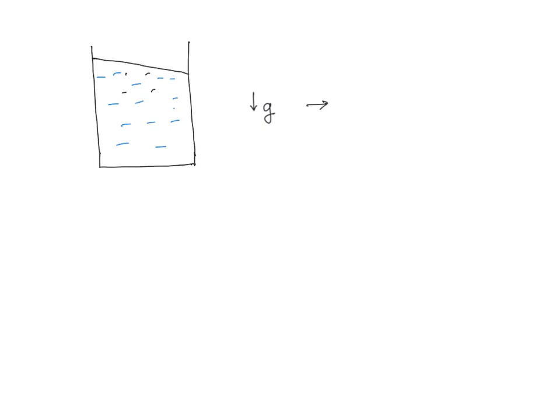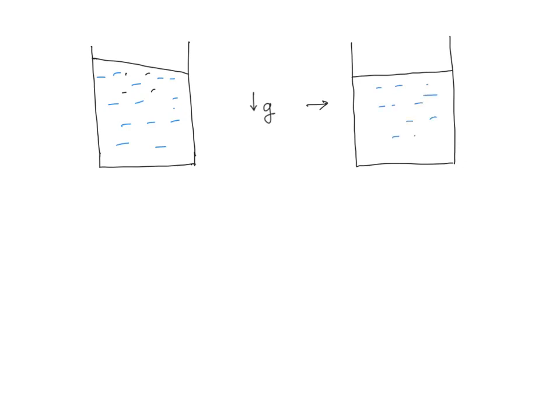Or say this is a vessel, a tumbler of glass, and downwards is gravity g. You have never seen a liquid surface like this. Have you ever seen? No, it's not possible. Liquid surface can't stay like this for long. Ultimately, after some turbulence, some disturbance, it will settle down like this.